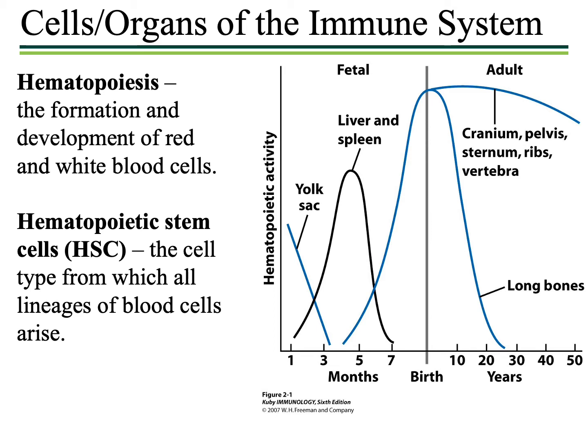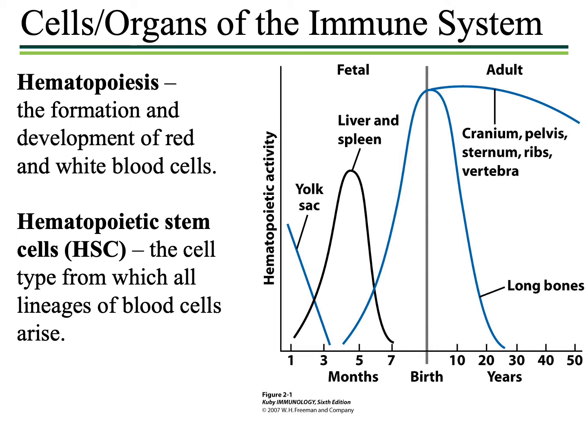Also in this slide, there is a graph that focuses on hematopoietic activity, showing when, during the lifespan of an individual, specific components of the individual's physiology are involved in production of blood cells. Very early on in fetal development, the yolk sac is involved in allowing blood cells to be produced.